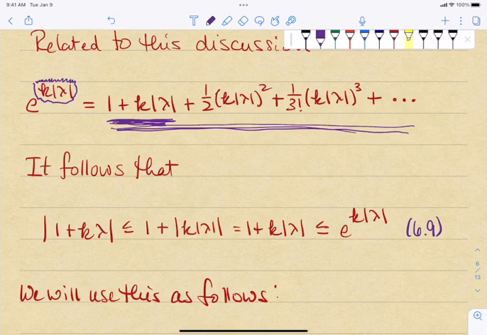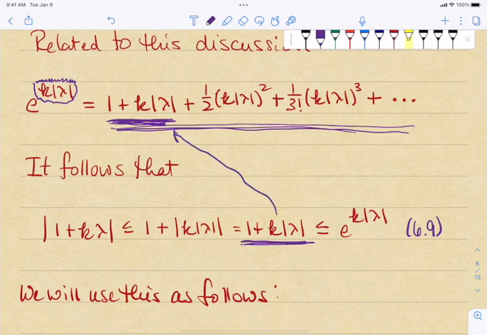In absolute value, I can apply a triangle inequality, and I see that once I apply that, I can look at that as just a 1 plus k absolute value of lambda, or complex modulus, depending on the case. Well, it turns out that what you see right up here, that's just these two terms right there. So that is always going to be less than or equal to the full series that you have up there. That is equation 6.9 in your textbook.